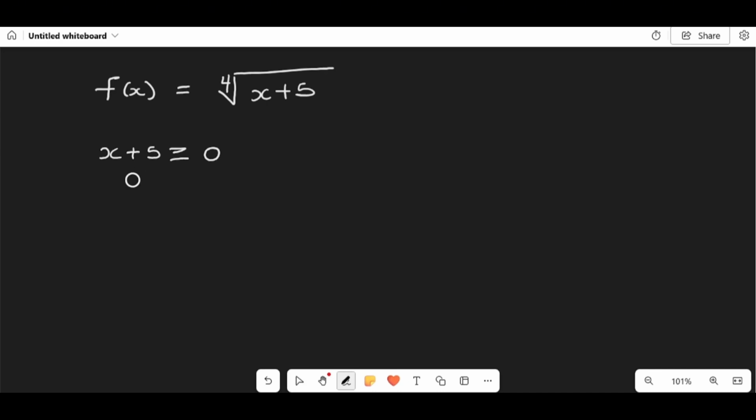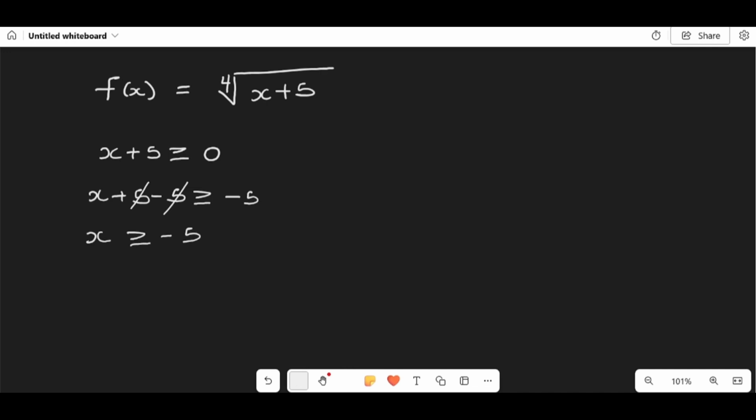Let us add minus 5 to both sides. x plus 5 minus 5 is greater than or equal to minus 5. So x is greater than or equal to minus 5, because plus 5 minus 5 cancel each other out.